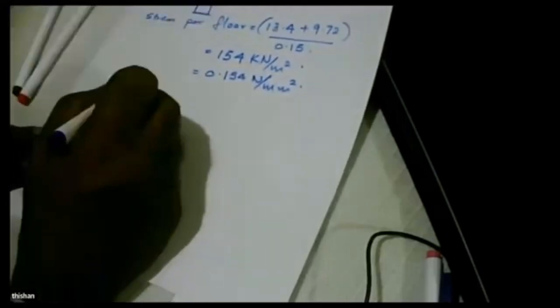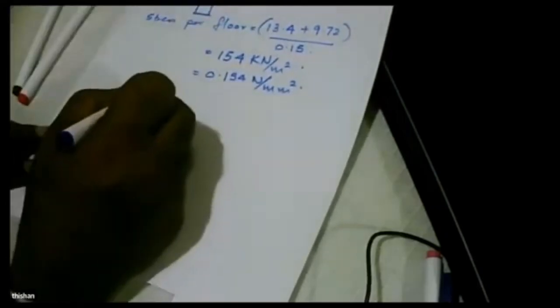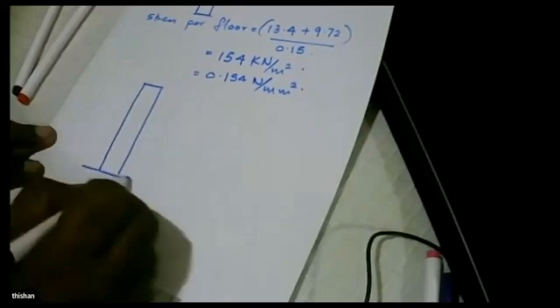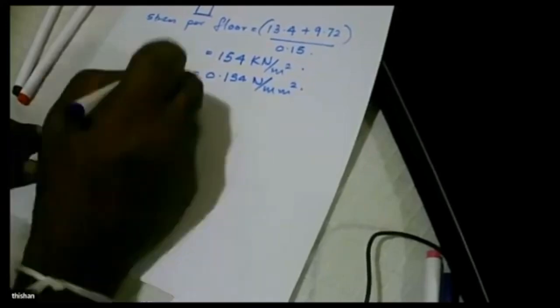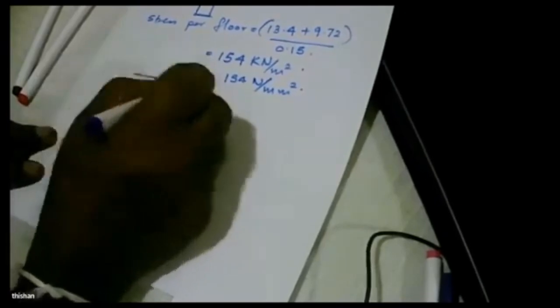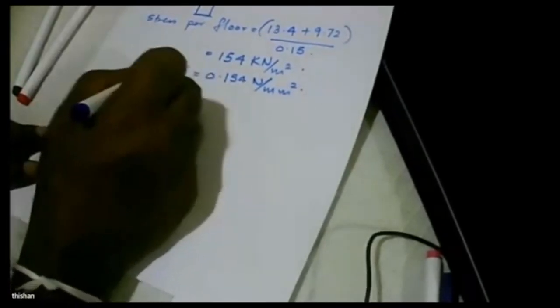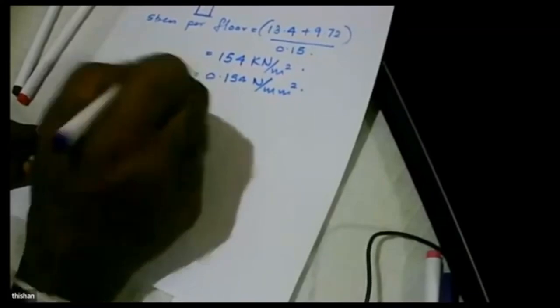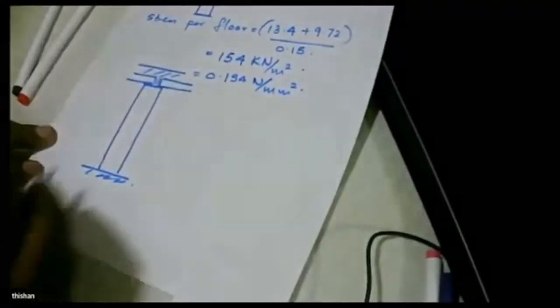So in masonry design, the first thing is we have to see what is the type of connection we get. We are getting a concrete slab supported by the masonry.